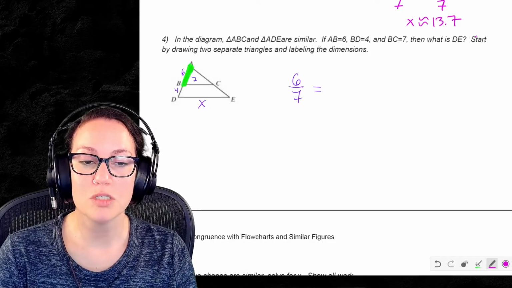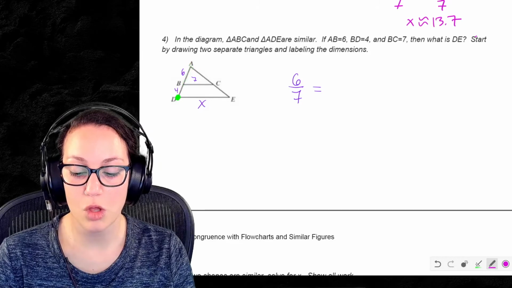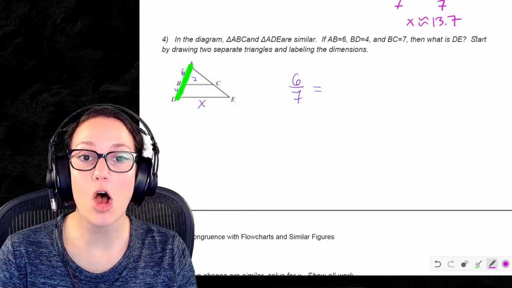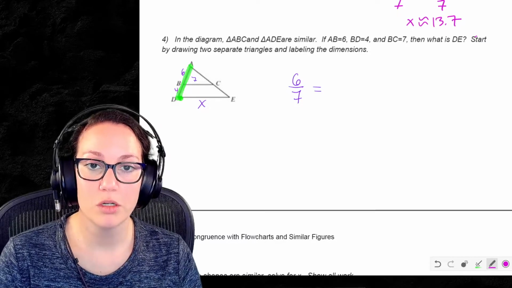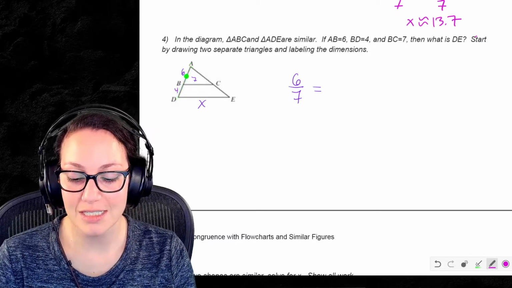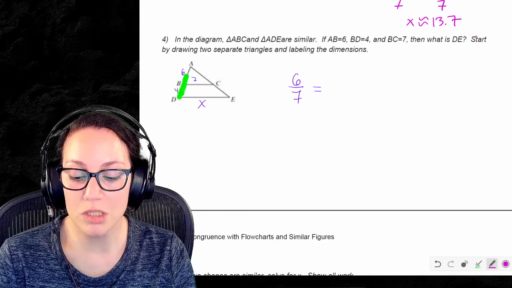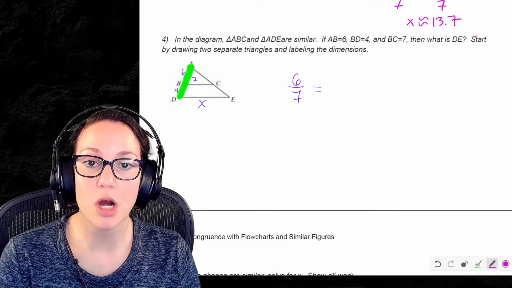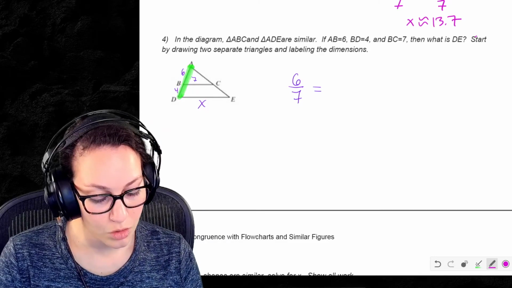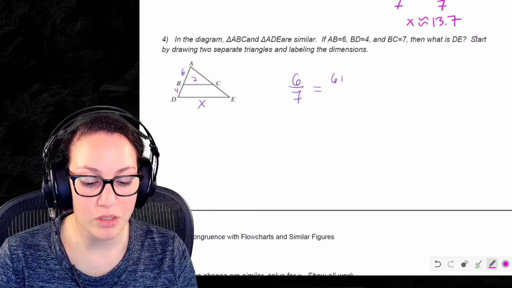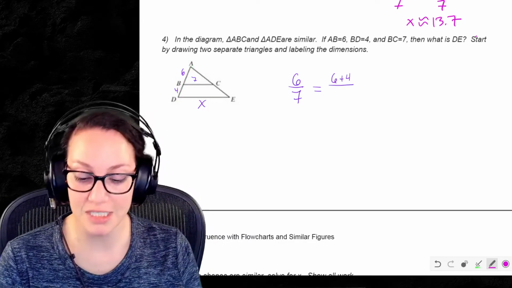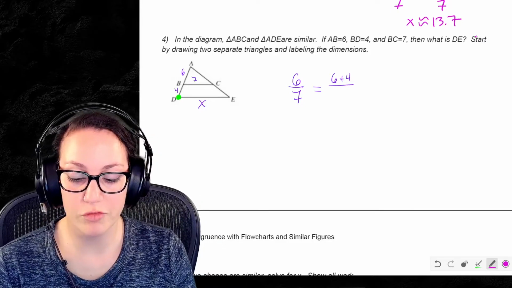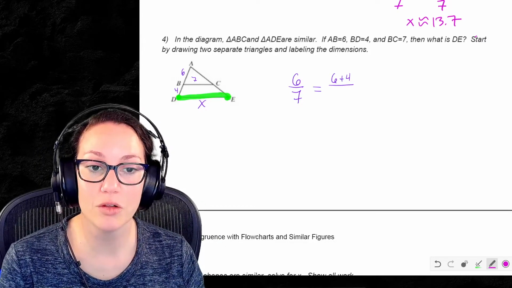So we want to use that side of the big triangle, which is A to D, all of it. So we don't want to use just the 4. We want to use the 6 plus 4 because that whole length is that side of the big triangle. So I'm going to write that for now as 6 plus 4 just because it's important that you remember that it's both of those pieces together because we're looking for something about the big triangle.